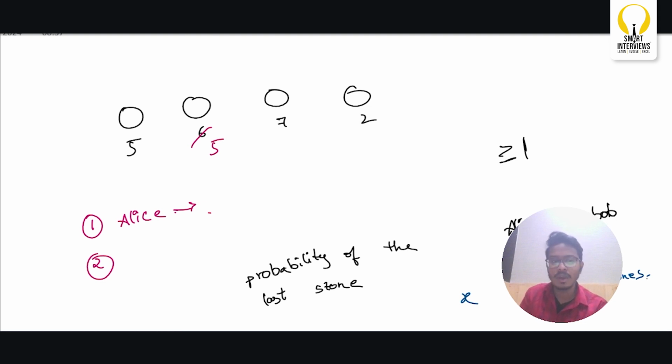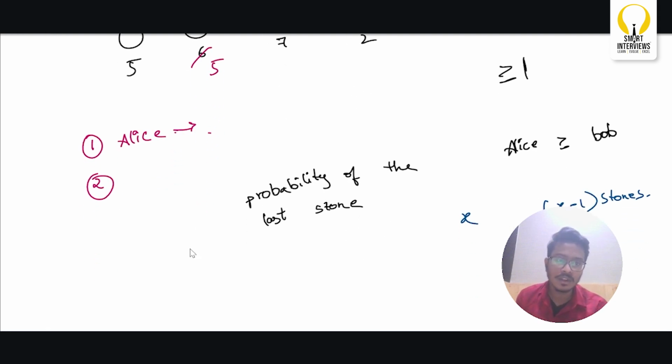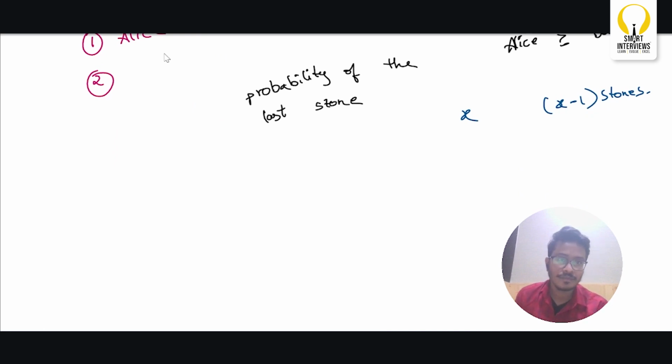Yes. Now, how will you find that out? So let's say Bob has rolled 1, and let's say there is some D-sided die. So in this D-sided die, Bob has rolled 1.